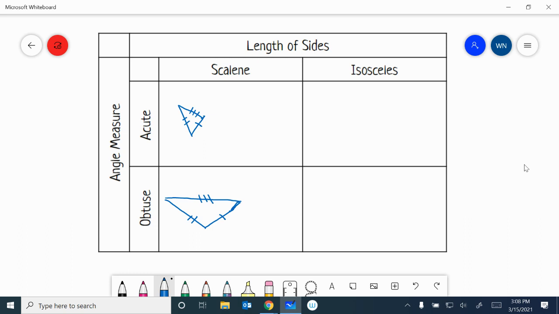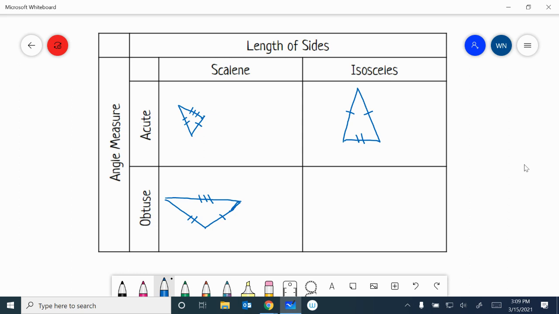And there is your obtuse scalene triangle. Now let's do an acute isosceles. Acute isosceles. This one's a little bit easier. You can simply do it like this and know that these 2 are the same and this one is different. And that is an acute isosceles.